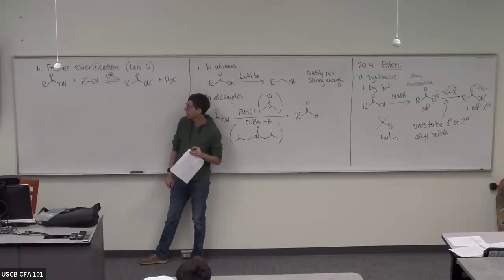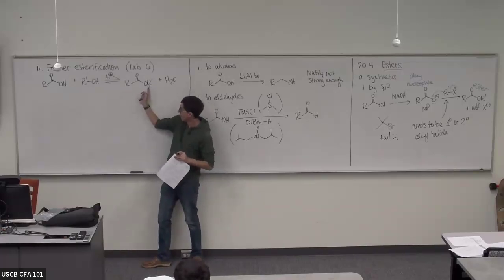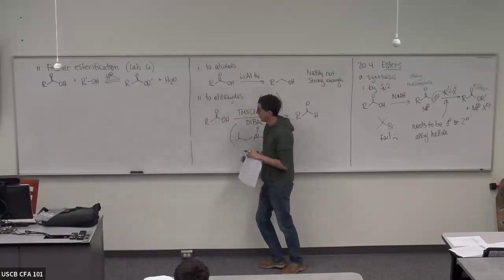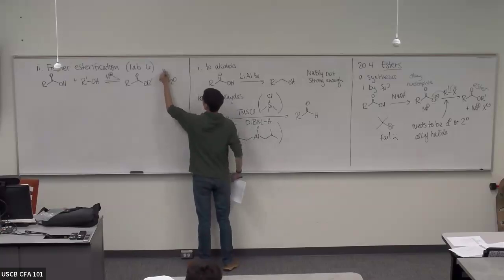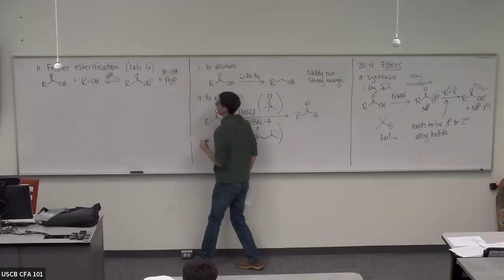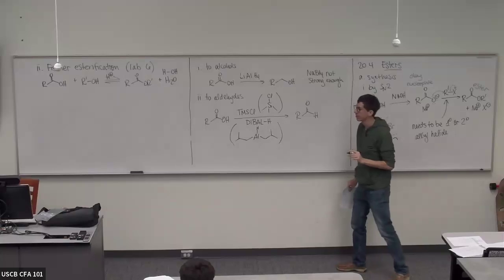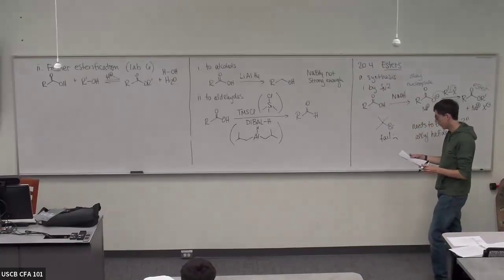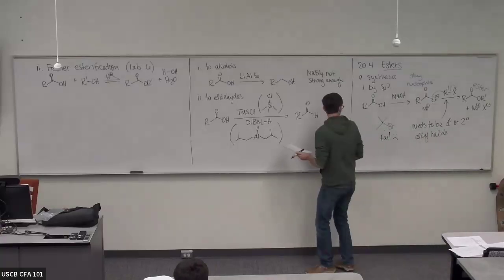It's been replaced with the R group. And then, well, the R group just gets stuck on. And there's the OH, so we can write water. It's HOH. So there's the Fischer esterification.